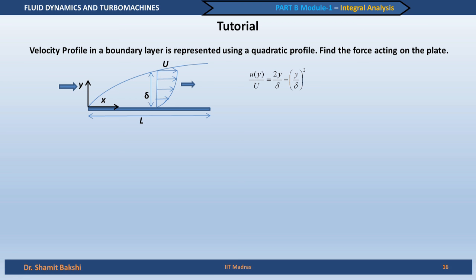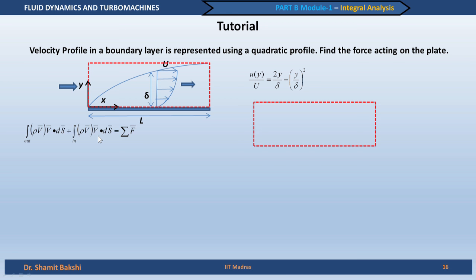Like we saw in a previous application of momentum conservation, what is the force required to keep a plate oriented perpendicular to the flow stationary. Here we see, if the plate is aligned along the direction of the flow, what is the force required to keep that plate stationary. So, we again take the same control volume as in the last problem, take out this control volume and then apply the momentum conservation equation.